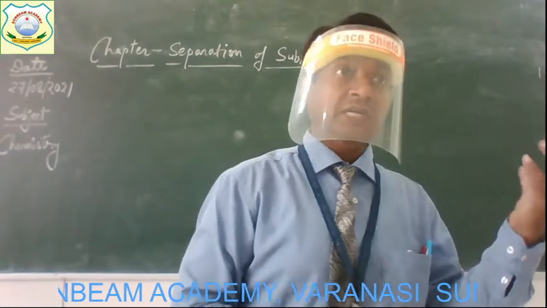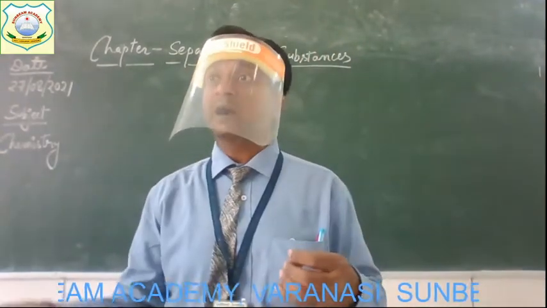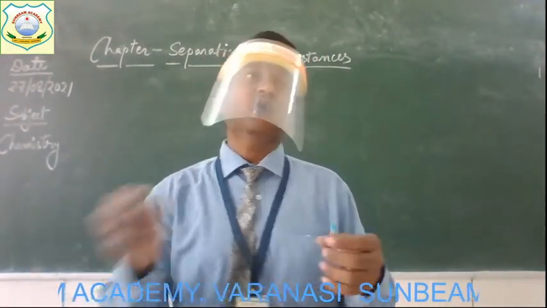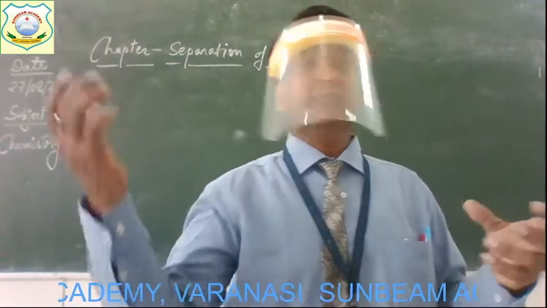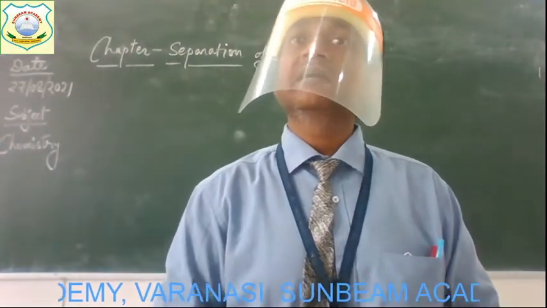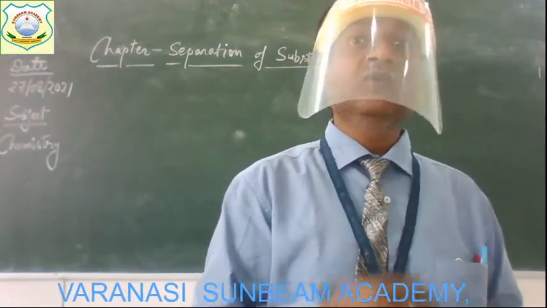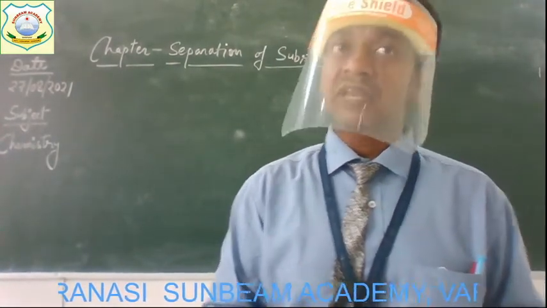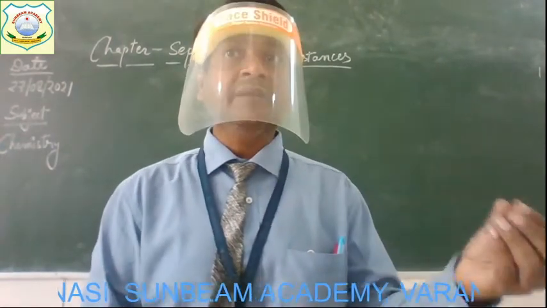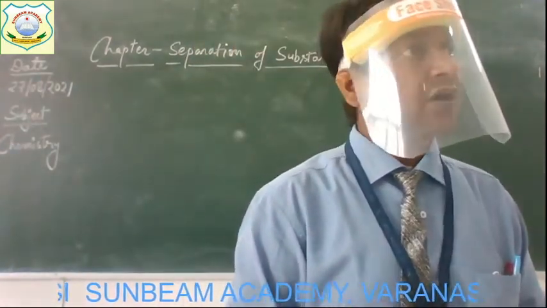If the impurities are present in the form of solid in a mixture, how can we separate them? Certain methods are used for that, like the hand picking method, sieving method, winnowing method and threshing method. We already discussed all these methods in our previous class.